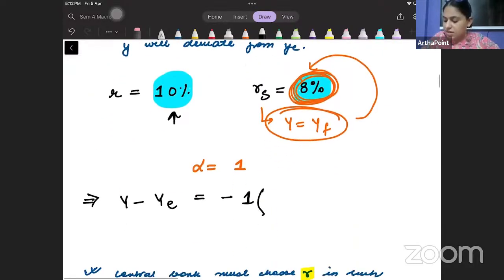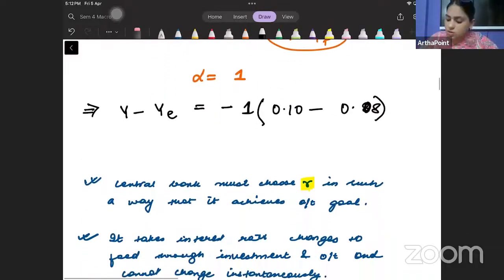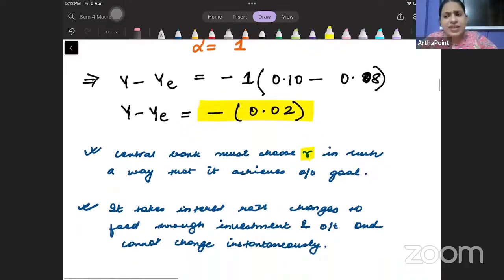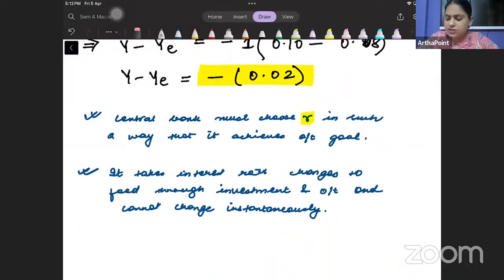So r is 10% minus rs is 8%. So y minus ye will be minus 0.02. That means negative.